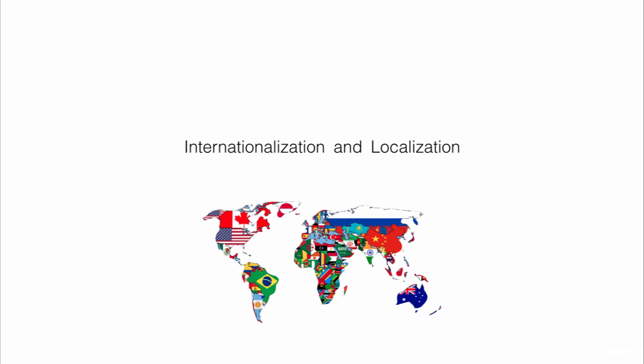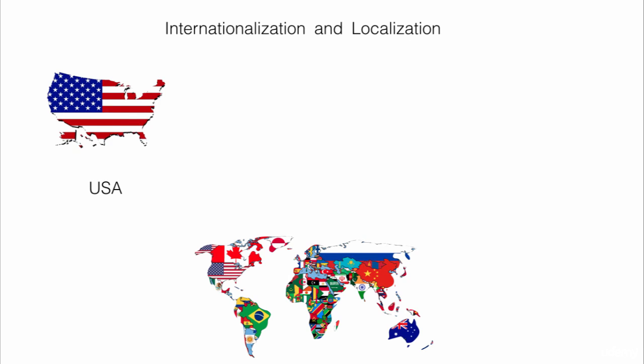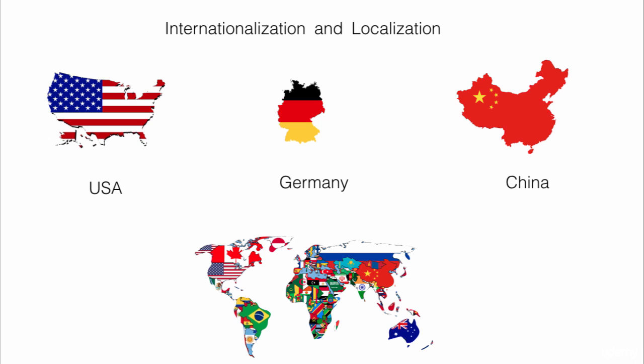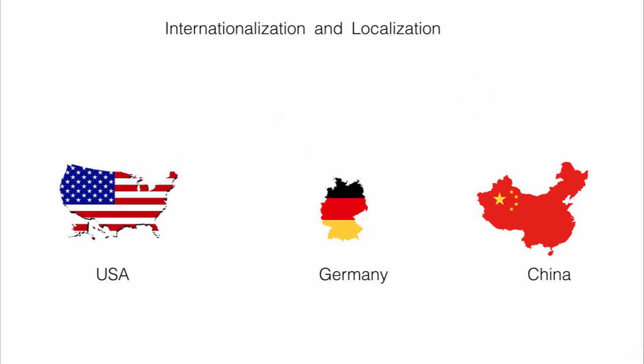So for example, if you are working on an application and customers of that application can be from different parts of the world, let's assume that your customer can be in US, in Germany, and in China. So these three countries are where your customer will be using your application. So you have to make your application compatible with all these three countries.